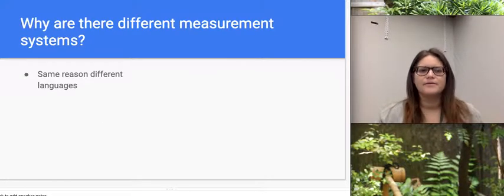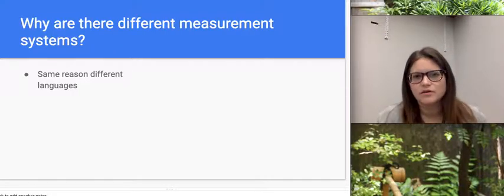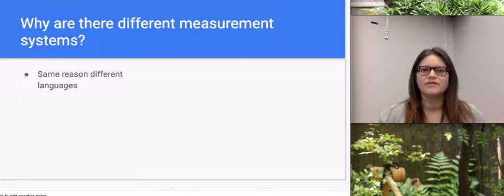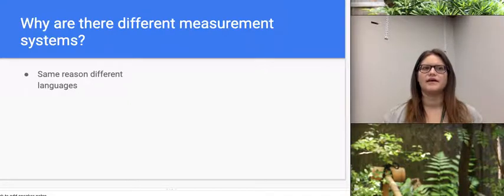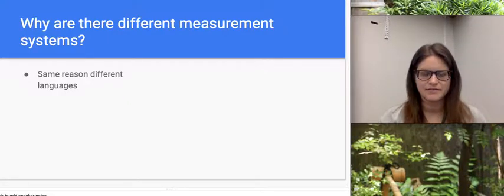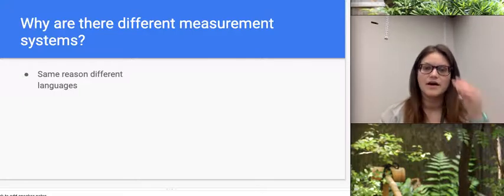Why are there so many different systems of measurement in the world? Really, it's the same reason that there are different languages in the world. Different cultures are going to develop different ways of communicating about things based on what works for them. Our English system that has the foot, the inch, and the yard was actually based on the King of England at some point. I can't remember which king it was.